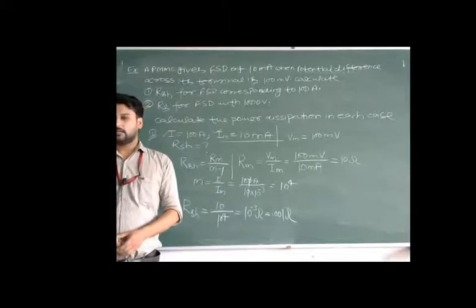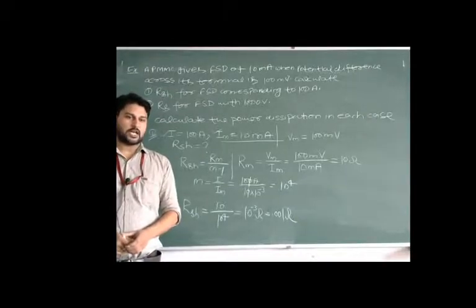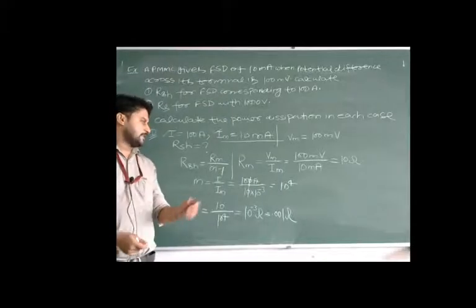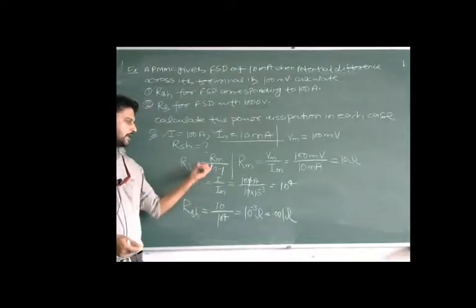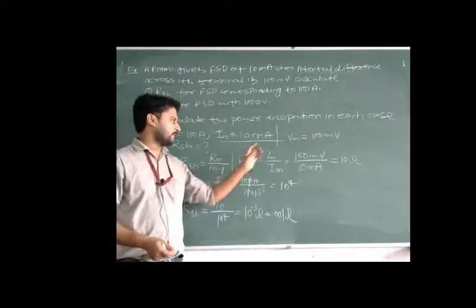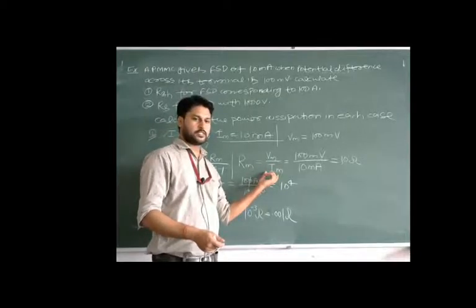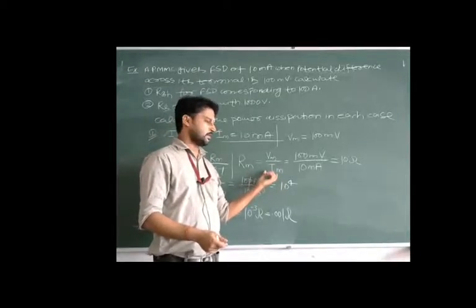What we have done till now to calculate RSH: the direct relation of RSH with Rm can be expressed as RSH is equal to Rm upon m minus 1. How can we calculate Rm? From the given data, Rm can be written as Vm upon Im, meaning voltage across the meter upon current through the meter.